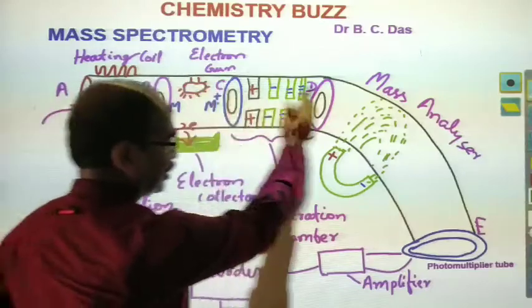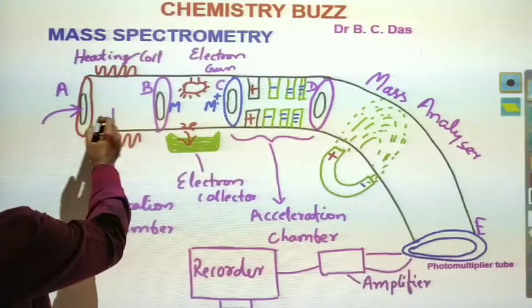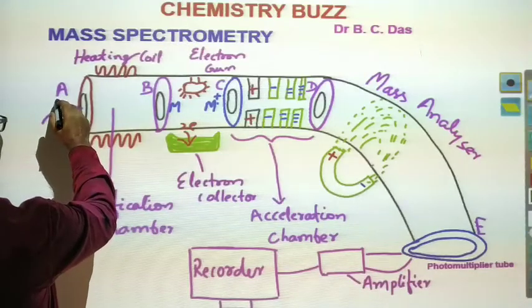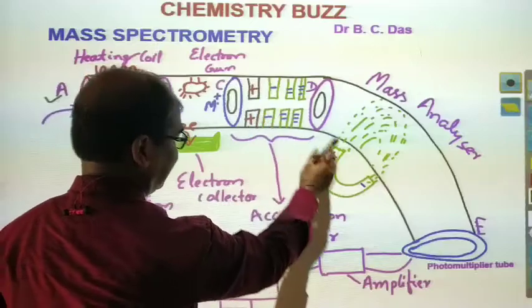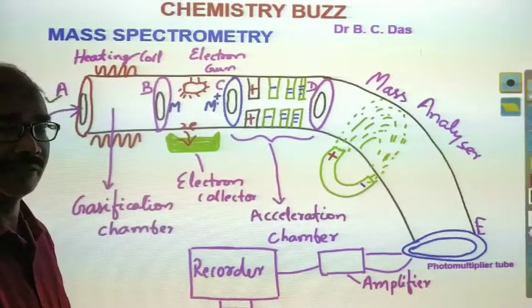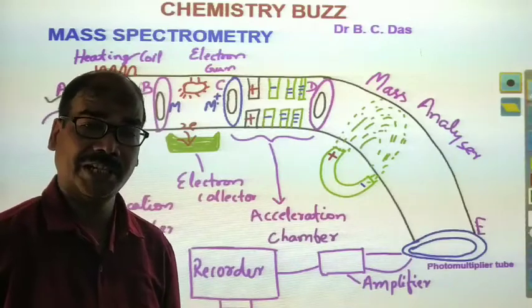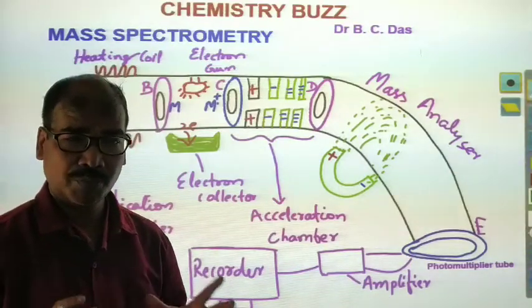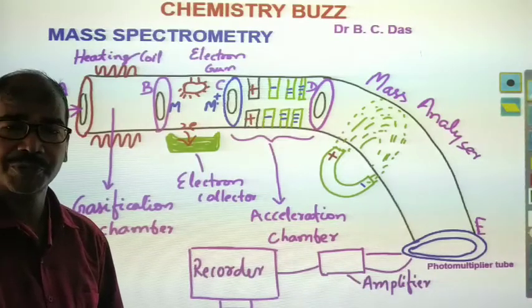This is the instrument schematic diagram. Here A is a slit, B is a slit, and C, D, E are different slits. So why are so many slits used? The role of the slits is to regulate the flow of substance.